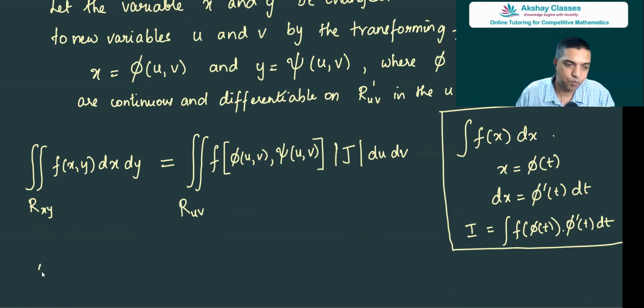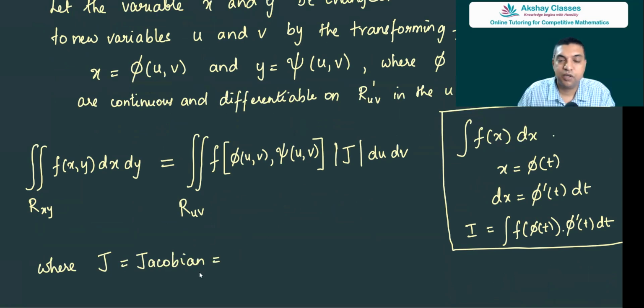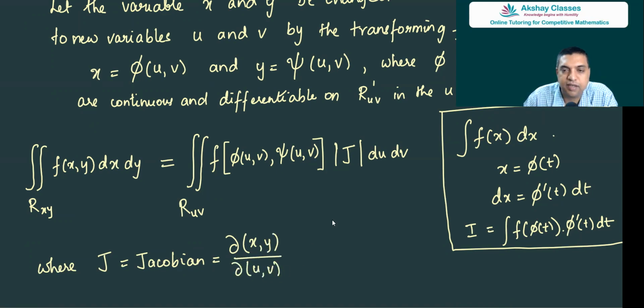So where J is the Jacobian, it is now xy being changed to uv, right? So it is dou of (x comma y) by dou of (u comma v), because then again you have du dv.